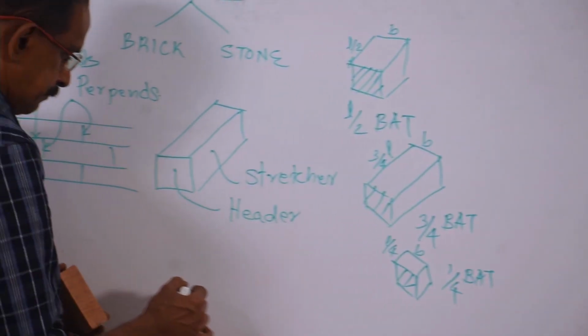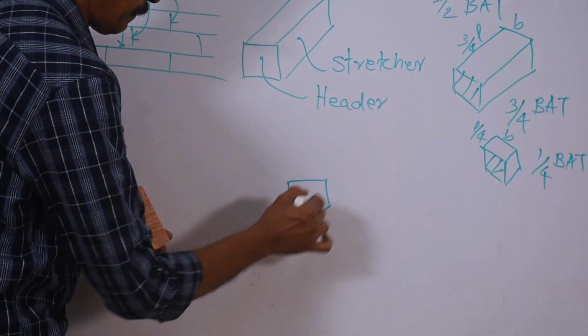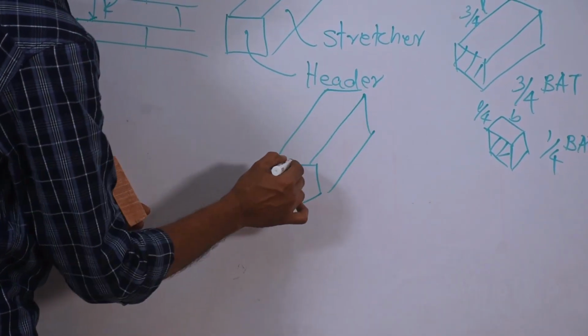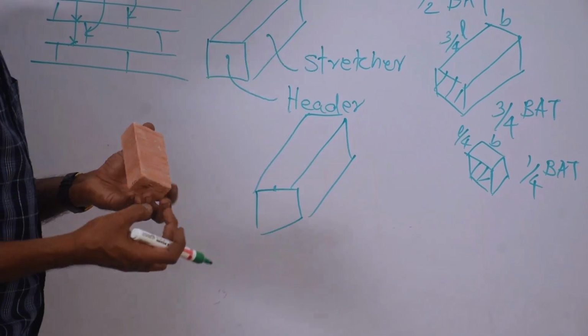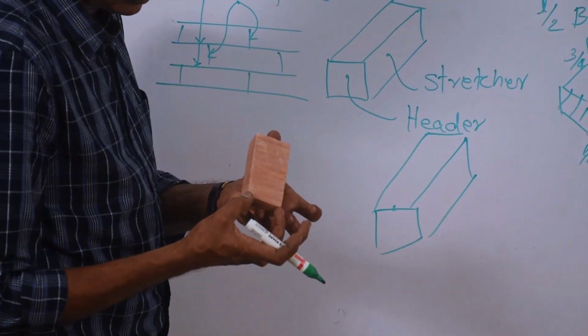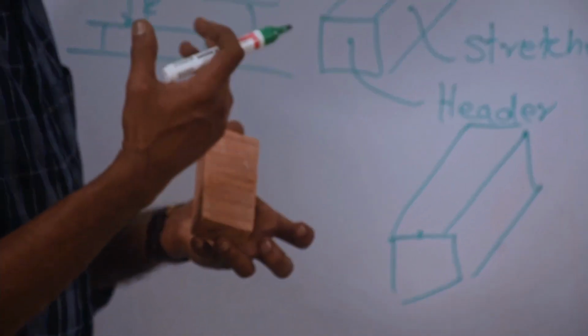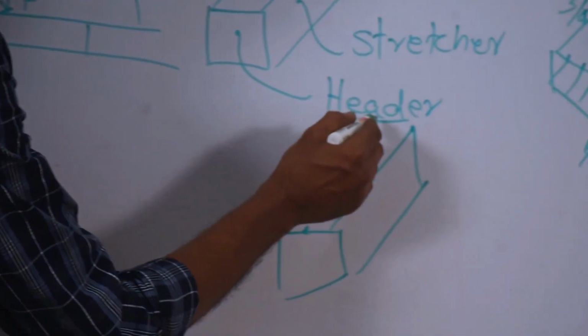Now consider a full brick. Take width by 2. This is the total width. Take width by 2 and full length, and cut into 2 pieces.